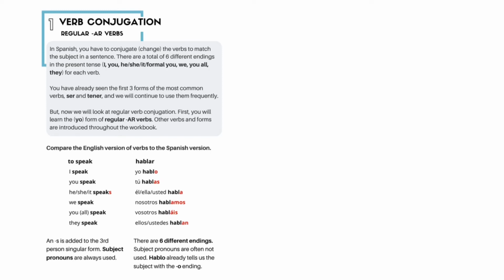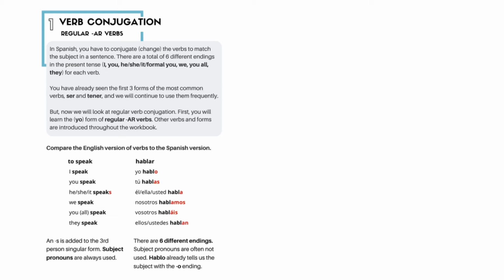And that's going to make it much less overwhelming. It's going to make it much easier for you to begin speaking right away and using the verbs. And that way, you have time to get used to the idea of conjugating the verbs and what these new words mean before we go into the other conjugations.